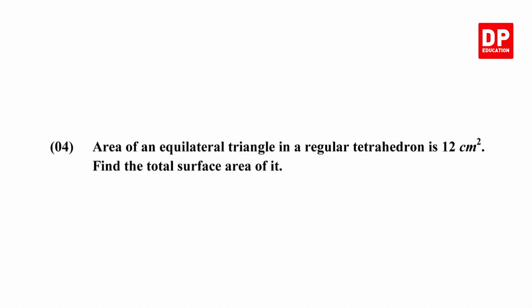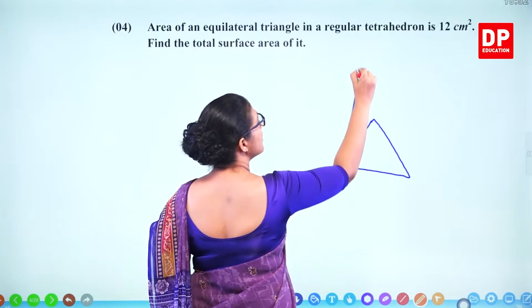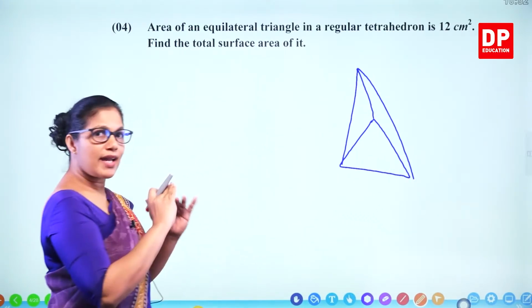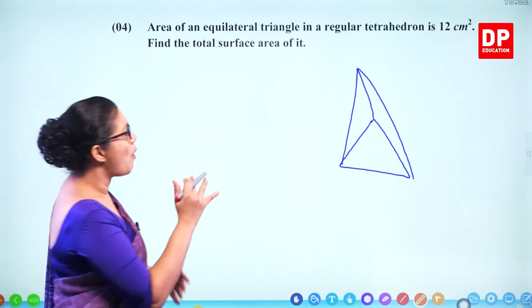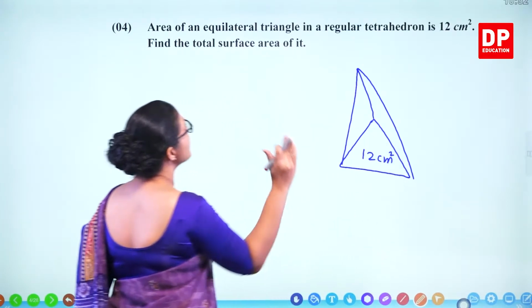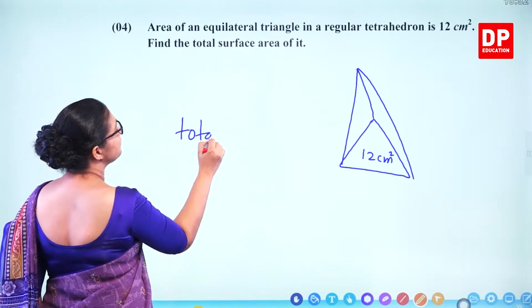Question number 4. The area of an equilateral triangle in a regular tetrahedron is 12 square centimeters. Find the total surface area of it. Tetrahedron means you get 3D shapes like this. How many triangles are you getting? Same triangles? 4 triangles. So one area is 12.